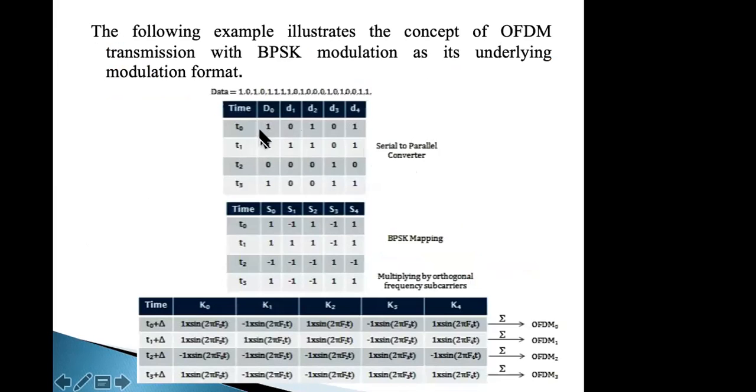Onto these 4 carriers, I put my data symbols using a BPSK stream, and these are multiplied with different sine carriers. We sum up all the values and send them across the OFDM modulator. At the next instant, the next 4 signals come, we multiply them with the different carriers, sum up all the values, and send them over the OFDM transmitter.